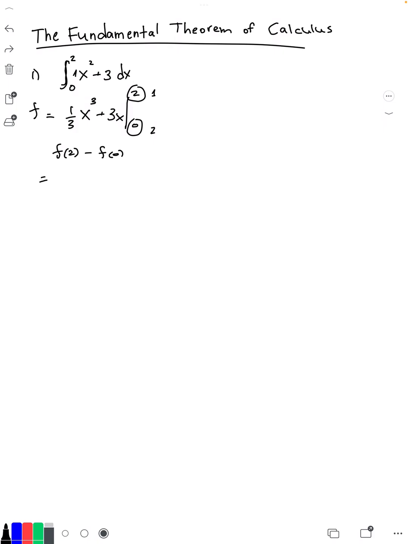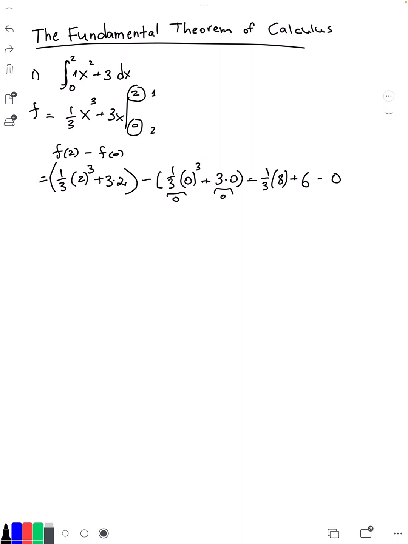So basically we're gonna have 1/3 multiplied by, instead of x, 2 to the power 3, plus 3 multiplied by 2. I'll put it into parentheses. Then minus 1/3 multiplied by 0 to the power 3 plus 3 multiplied by 0, equals 1/3 multiplied by 8 plus 6, minus 0, this will give us 0, it's minus 0.